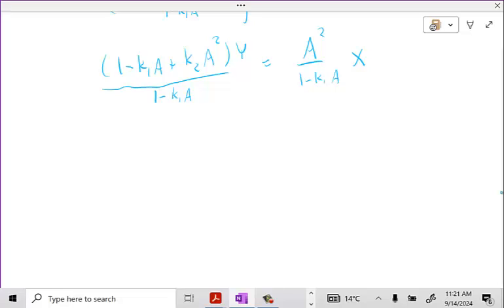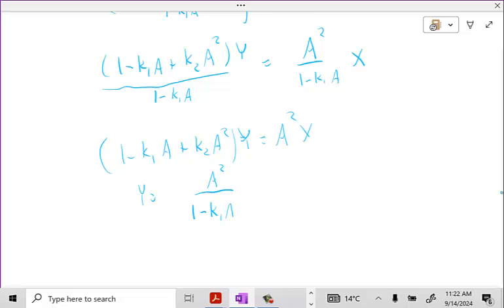There's a reason for that: the integrator block is never going to be equal to the identity. So I can just say 1 minus K1A plus K2A squared times Y equals A squared X. Sorry, I forgot the Y. And then just divide. So I get Y equals A squared over 1 minus K1A plus K2A squared, times X.